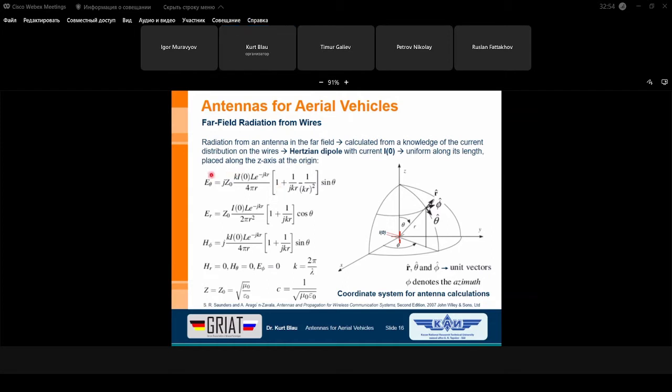Again, we can see in the formulas that the field components in the far field depend not only on the distance r, the small r in spherical coordinates, as the distance from the origin, but also on the angle of observation in both directions.